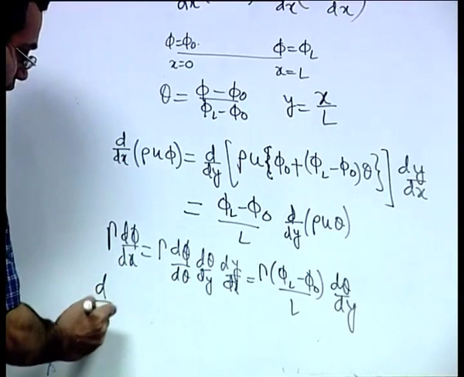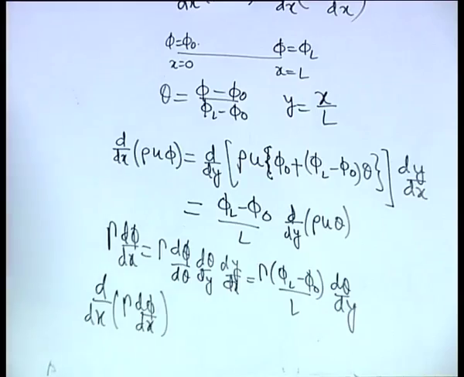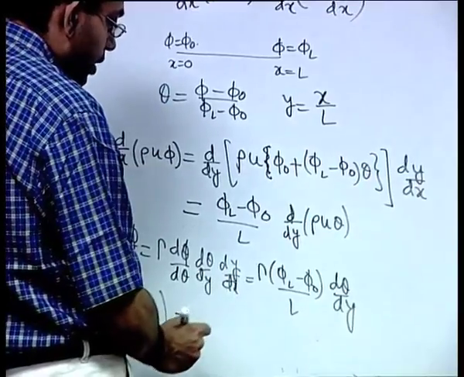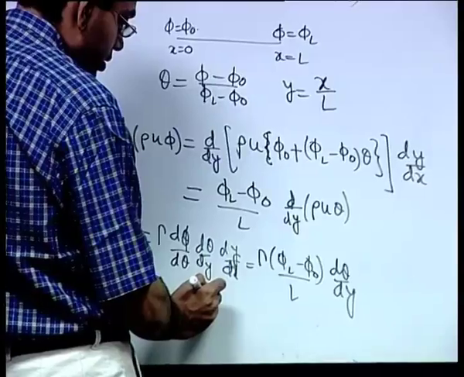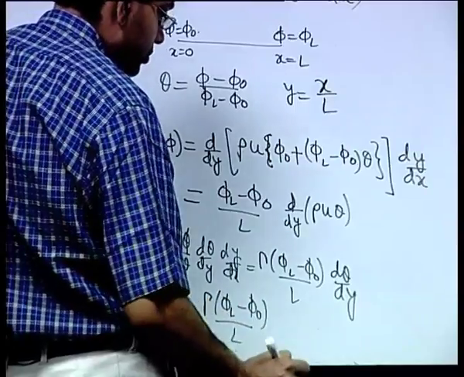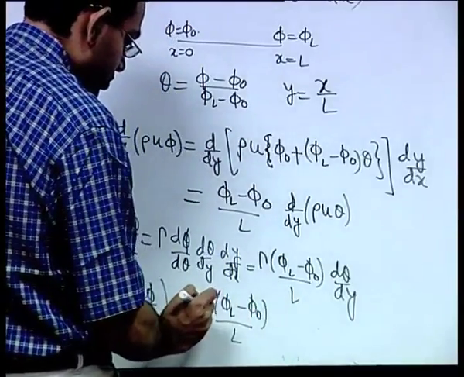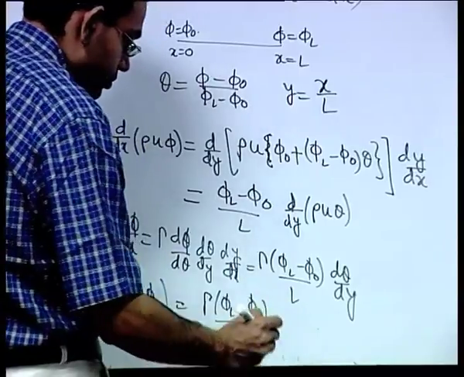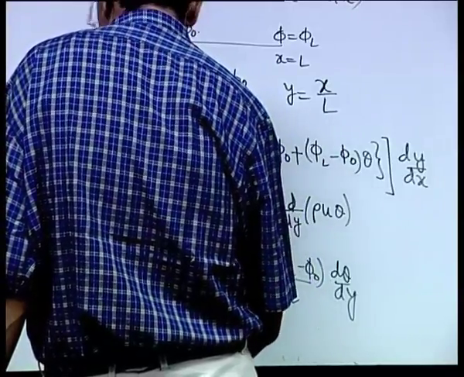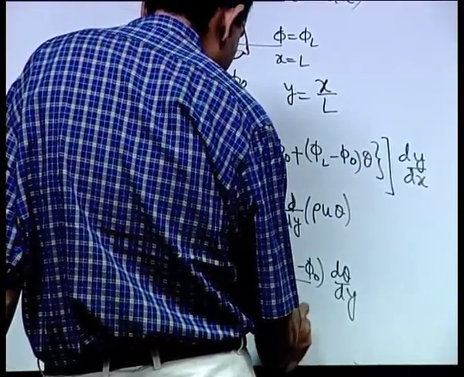So d/dx of gamma d phi dx is equal to gamma into (phi L minus phi 0) by L into d/dy of that into dy dx.